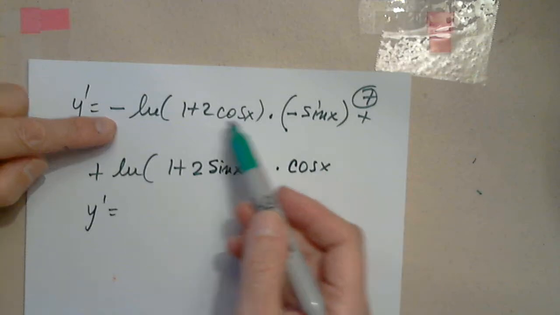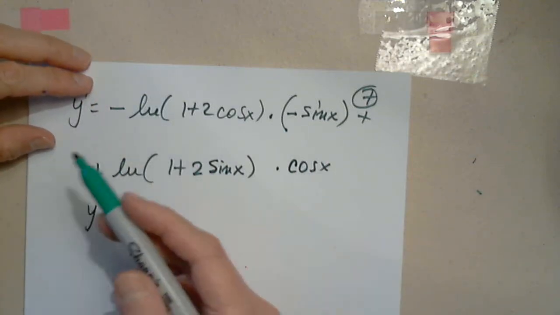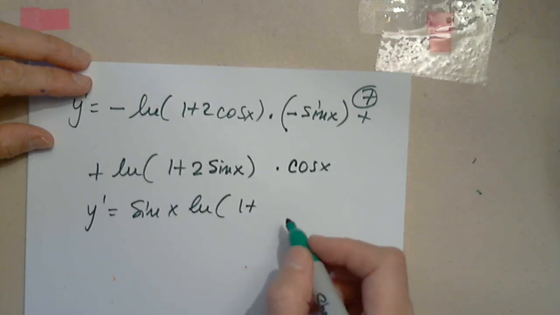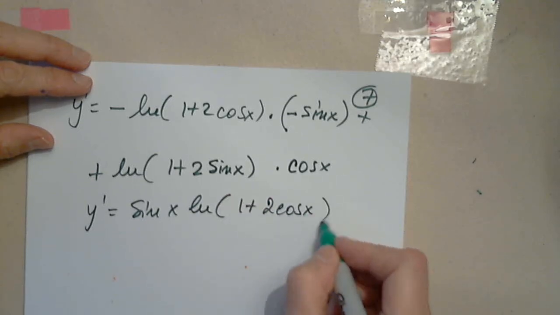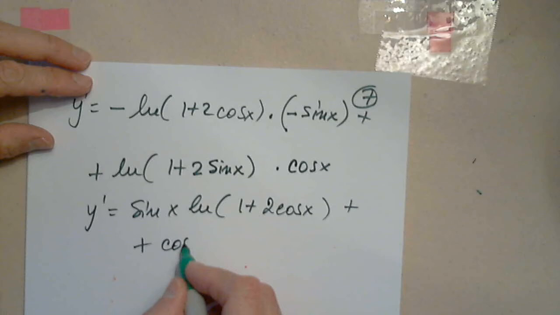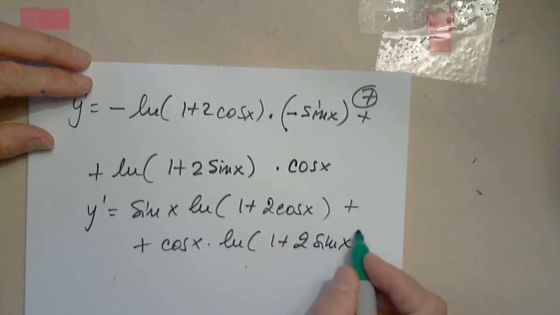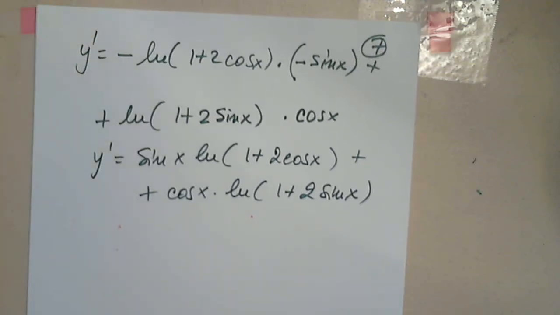So all I'm going to do is just multiply the two negatives and put the sign in front. Sine x natural log 1 plus 2 cosine x plus cosine x times natural log 1 plus 2 sine x. Again, we don't have to go to extremes. We can choose another if you'd like.